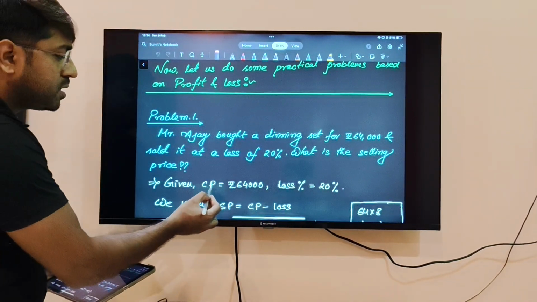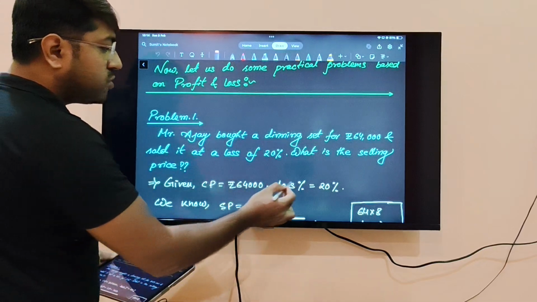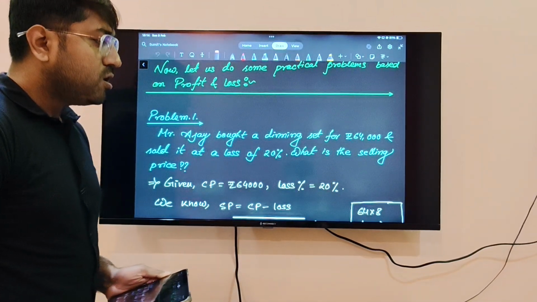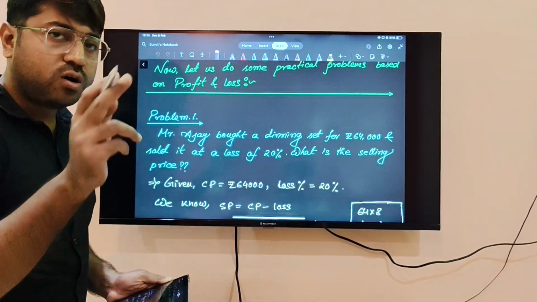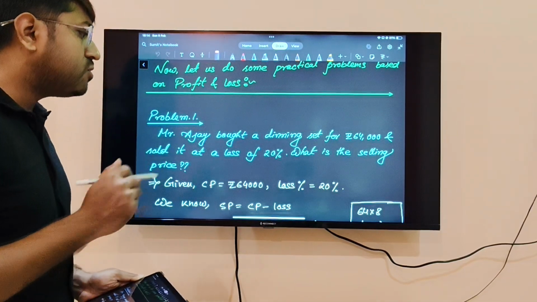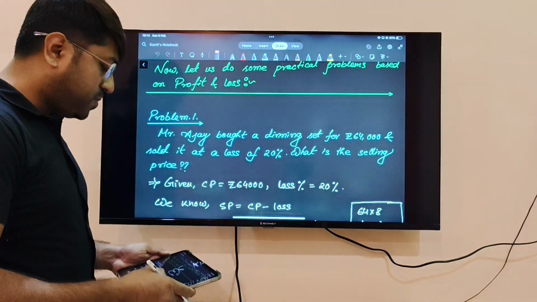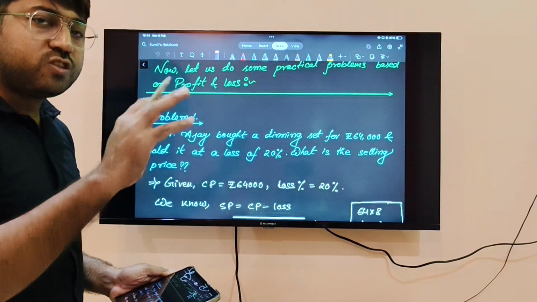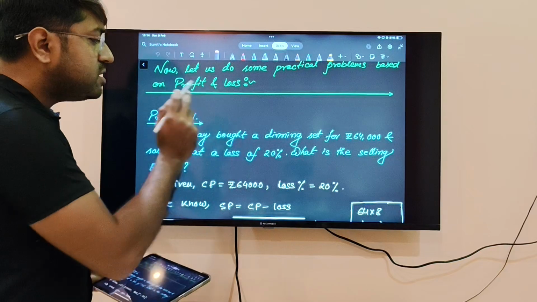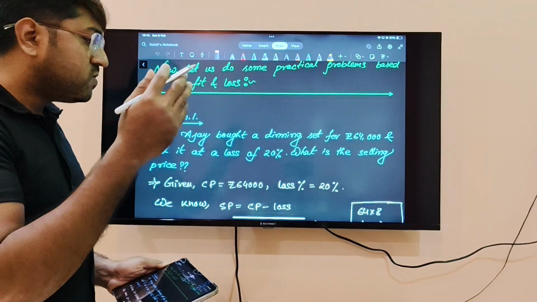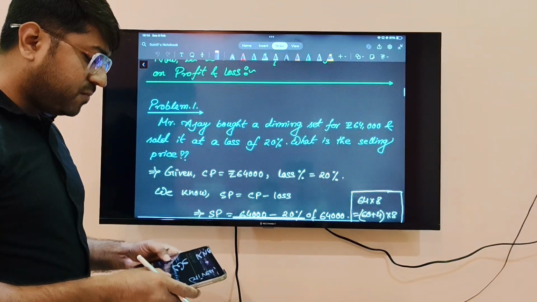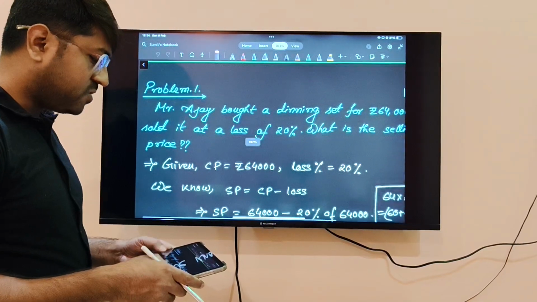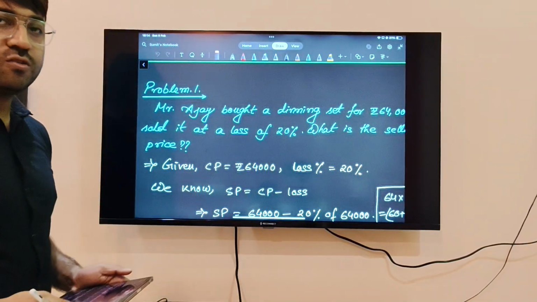Given 64,000 CP, loss percentage 20%. The loss will be calculated on CP, right? Now you think that to get the SP, SP means CP plus profit or CP minus loss. Here he has made a loss. So CP minus loss will be the SP. SP equals CP minus loss.